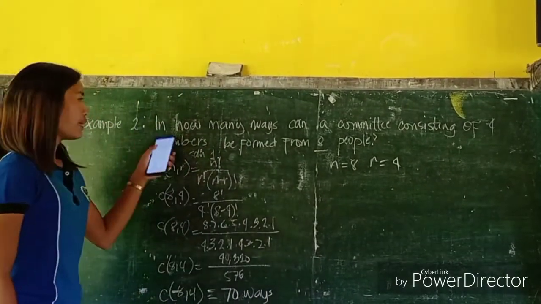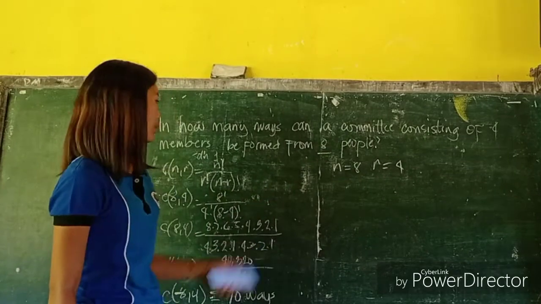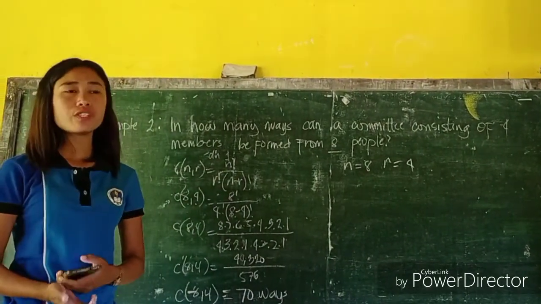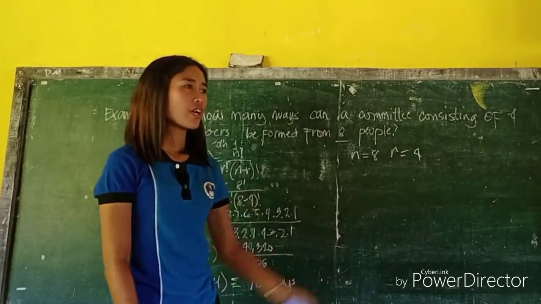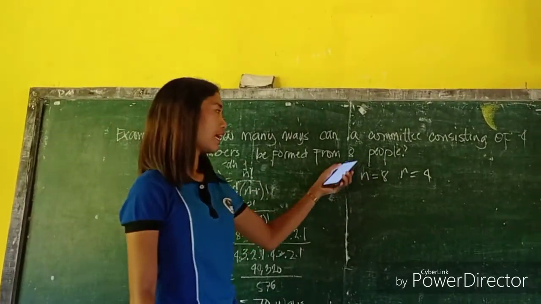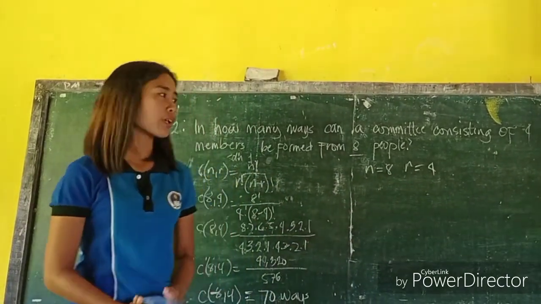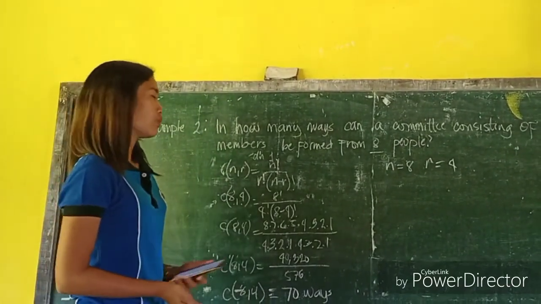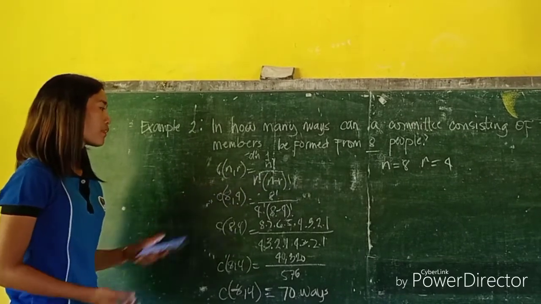In how many ways can a committee consisting of 4 members be formed from 8 people? First, we should find the value of our n and r. Our n objects is 8 and our r taken at a time is 4. So, let's try to solve. Let's substitute our given values to the formula.